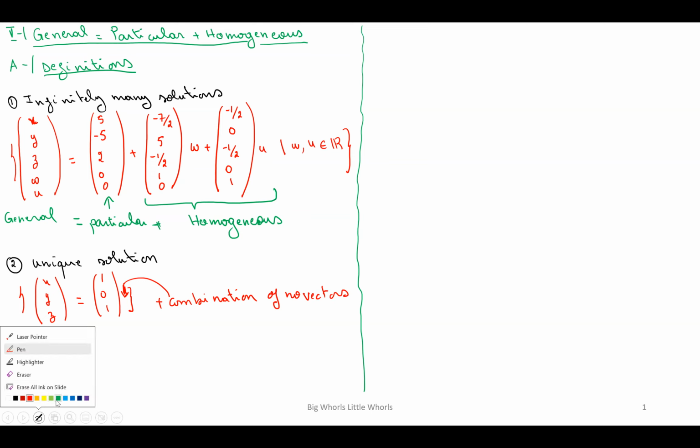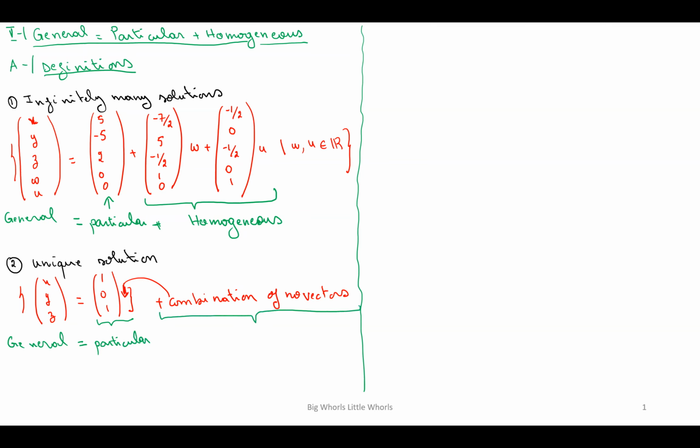So that's how we write the solution set of a unique solution. We have a general solution equal to the particular, which is the only part, plus the homogeneous part. So you can see it makes sense. We can describe the 3 types of solution set in this way, as general equals particular plus homogeneous.